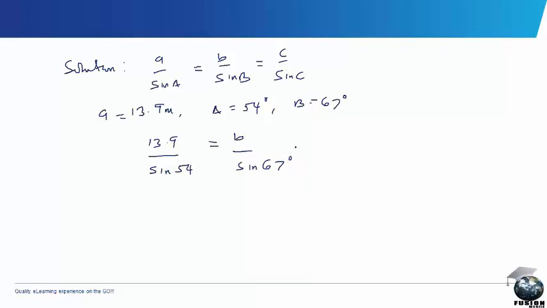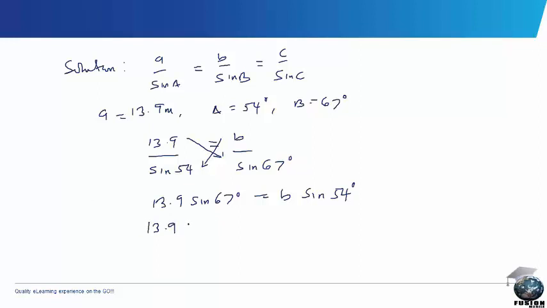At this point we have to stop and simplify the equation. You're free to cross multiply. If you cross multiply, you have 13.9 sine 67 degrees equal to b sine 54 degrees, so that we can make b the subject of the formula.